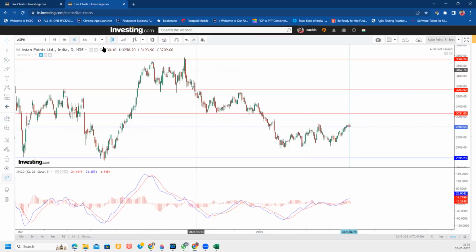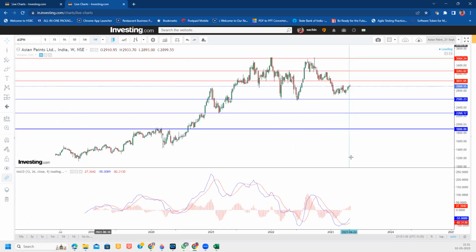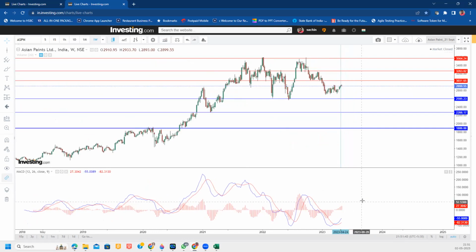So let us look at weekly. In the weekly time frame, at the current moment, it is showing a positive crossover. That is, the blue line is crossing, doing an uptick or a positive crossover.